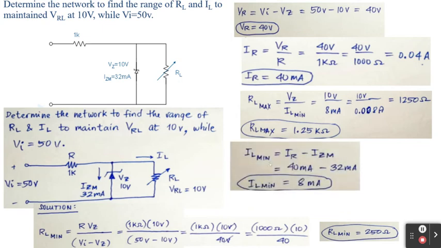For the IL minimum, you can subtract the IZ maximum from IR. So the IZ maximum is given as 32 milliampere subtracted from 40. We got IL minimum of 8 milliamperes. And if you want, you can do the IL max by dividing VZ over RL min, and that will be 10 volts divided by 250 ohms.